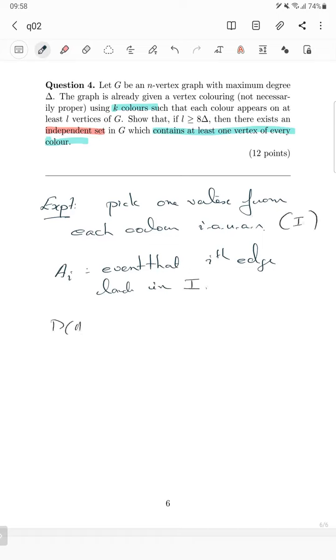So P of A_i would be, for an edge to land in this set, you should pick this vertex, but there are at least L vertices of each color. So there are at least L such vertices of the same color here, and also at least L such vertices of the same color here. So the probability of picking this vertex is at most 1 by L. If there are 2L vertices, it would be only 1 by 2L. Similarly, picking the other vertex is also at most 1 by L. So this probability is upper bounded by 1 by L squared.